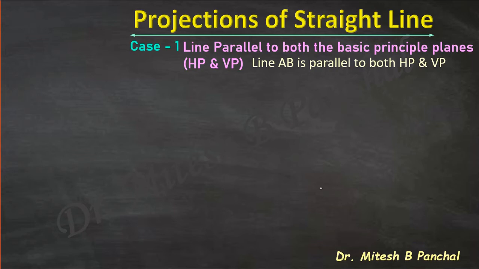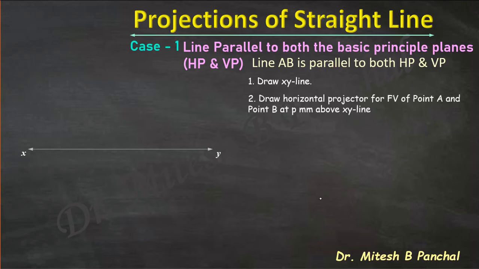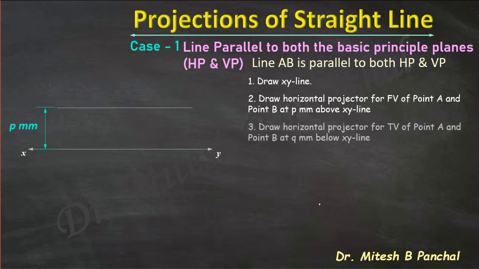Step by step we will see how the projections of line AB can be drawn when line AB is parallel to both the reference planes. First, draw the XY line. When AB is given parallel to both the reference planes at P and Q mm distance, first draw a horizontal projector for point A and point B at P mm above XY line, then draw a horizontal projector for the top view of points A and B at Q mm below XY line.